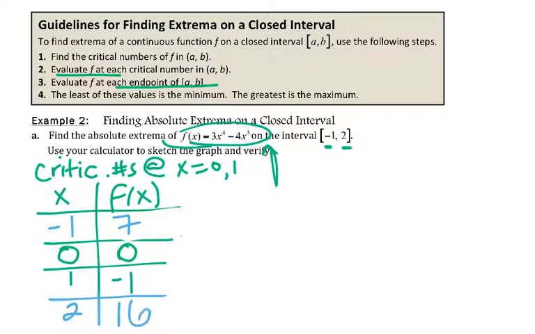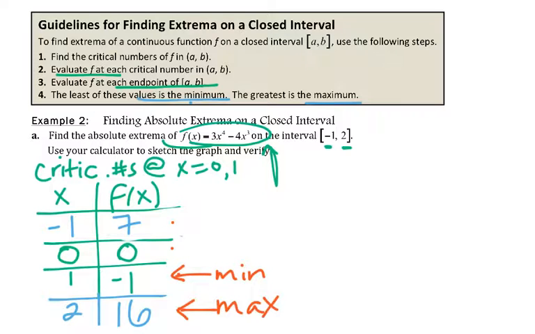We have 16. Okay. Step 4, the least of these values is the minimum, the greatest is the maximum. So looking at these f of x values here, this is our minimum. And our maximum is 16. Okay.